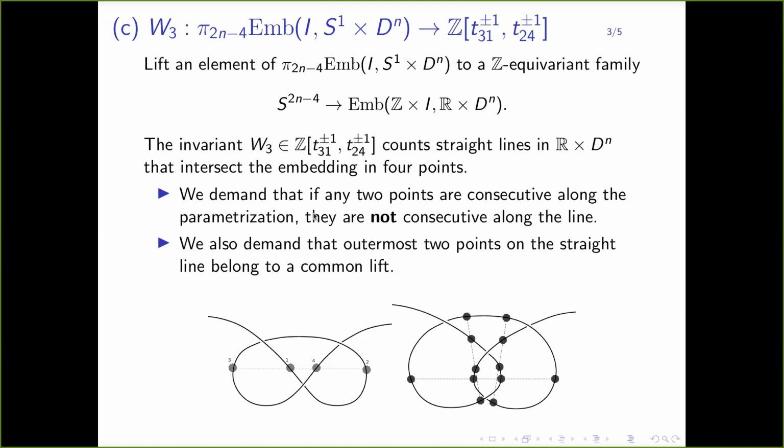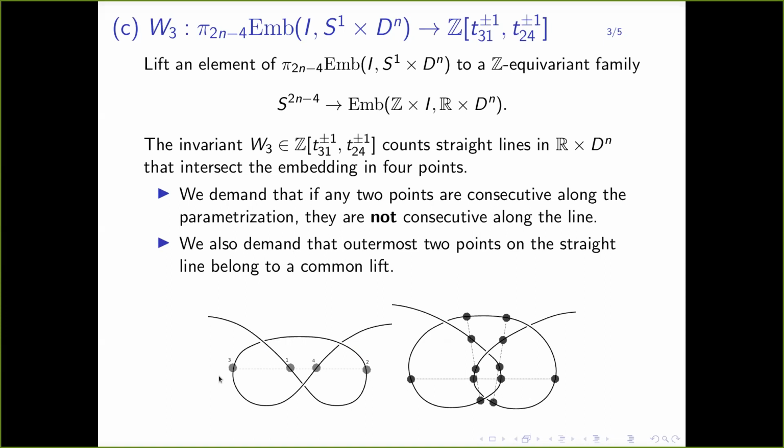We're going to demand that if 2 points are consecutive along the parametrization, and since this is equivariant, for a moment just think about a single strand here, 0 cross I, then they are not consecutive along the straight line in R cross Dn. And we also demand that the outermost pair of points come from a common lift.